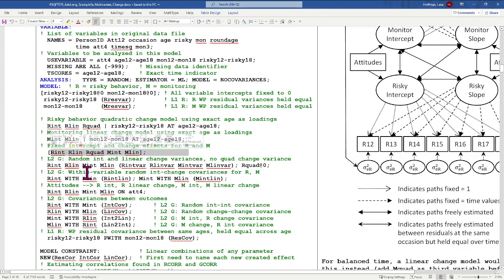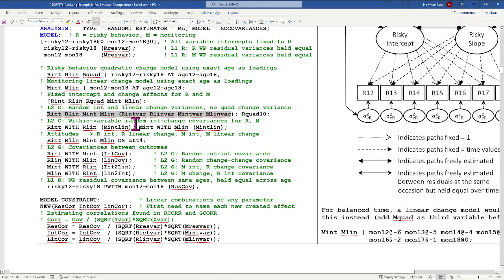Then we're listing the fixed effects for all of those latent variables. We are listing and labeling the variances for all of those latent variables. So these are my random intercept and change slope variances. I have shut off the quadratic variance. Then we have covariances among the variance components for the same outcome, the effect of time invariant attitudes on my 4 latent variables that have an estimated variance to them, and then we have the rest of the G-matrix covariances here labeled as well.